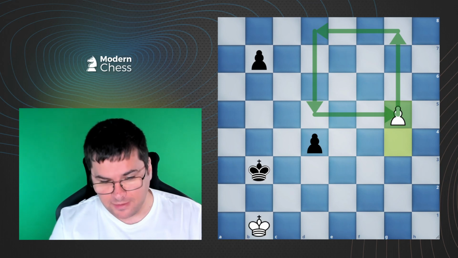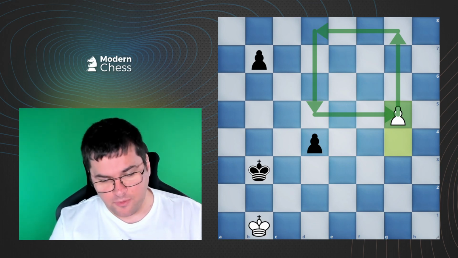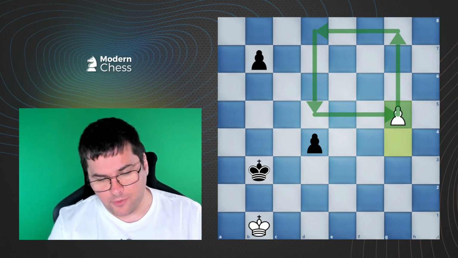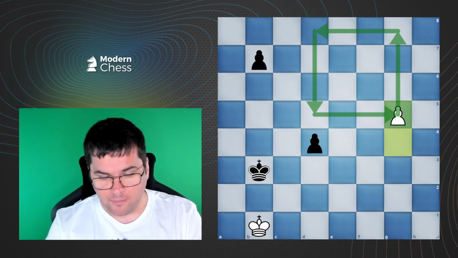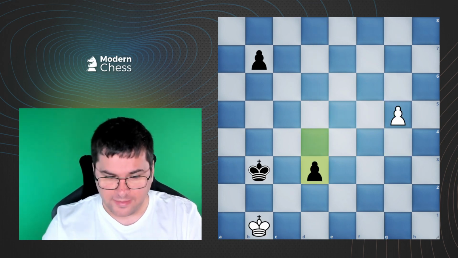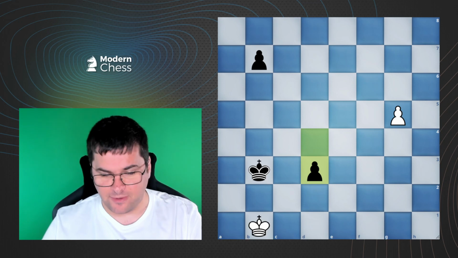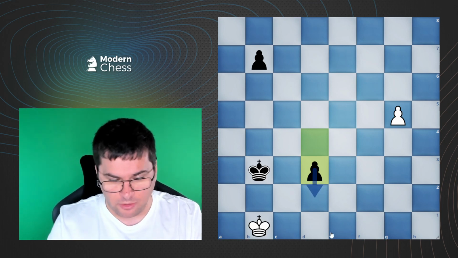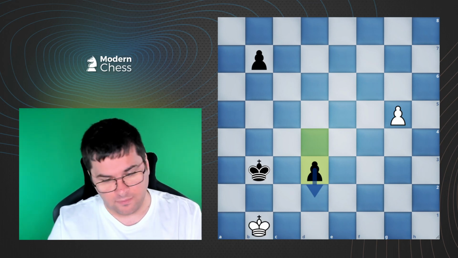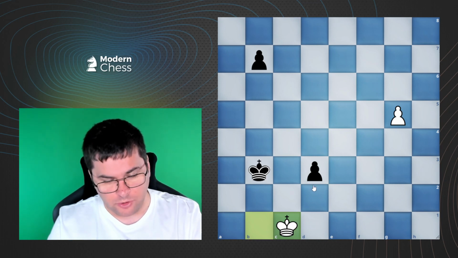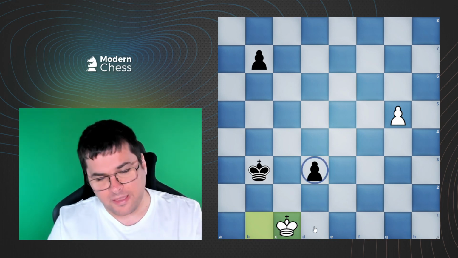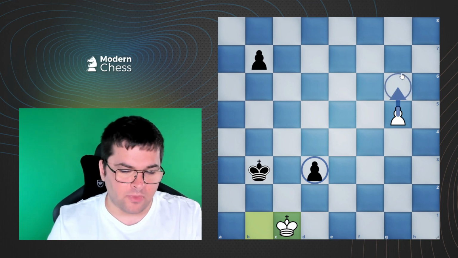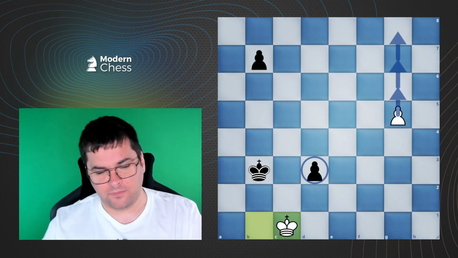Okay, it becomes clear that the opponent's king is far away from the square of our passed pawn, but after d3 you should pay attention to black's threats as well, because if allowed, black is going to play d2 and he's basically winning in view of the checkmate. That's why we start with king c1, just to be sure that the d3 pawn is not going anywhere, and then we are just going to promote.